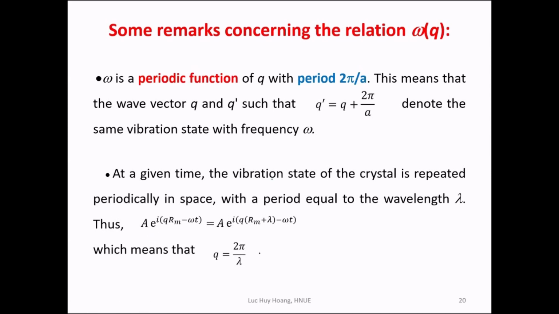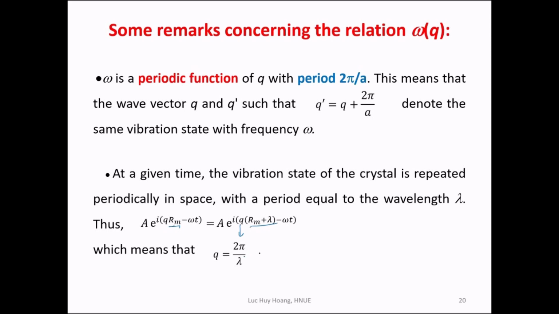For Rm and Rm plus lambda, where lambda is the wavelength, the equation is satisfied. Solving this equation, we will have that Q equals 2 pi over lambda, right?